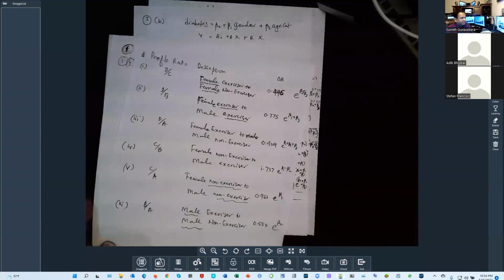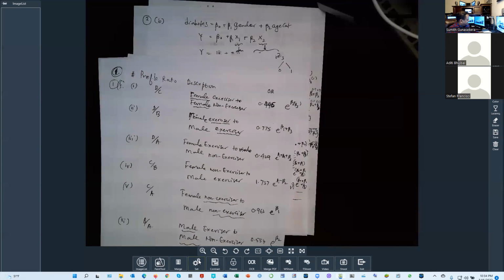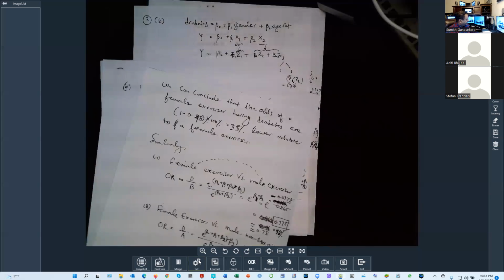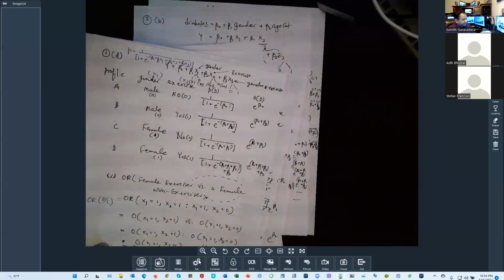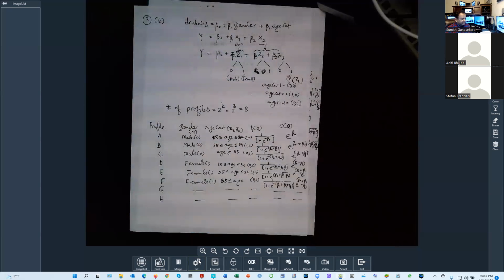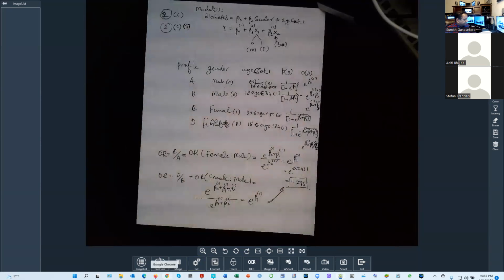We had all the ratios like that, different ratios. You can list all the ratios. That's what you can do.